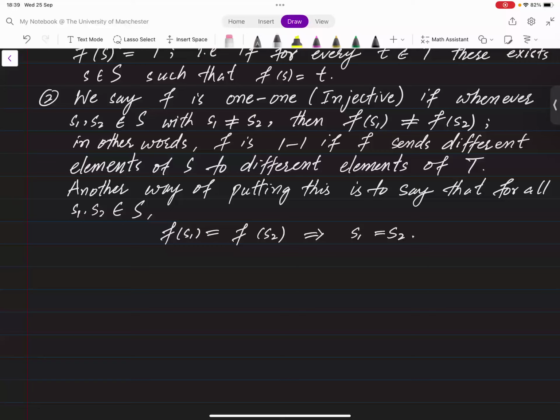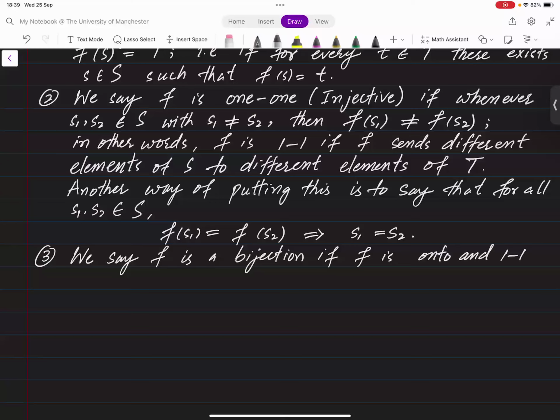So this is how we use to check whether the function is 1-1 or not. Number 3, we say f is a bijection if f is onto and one-to-one. In other words, surjective and injective. Okay.